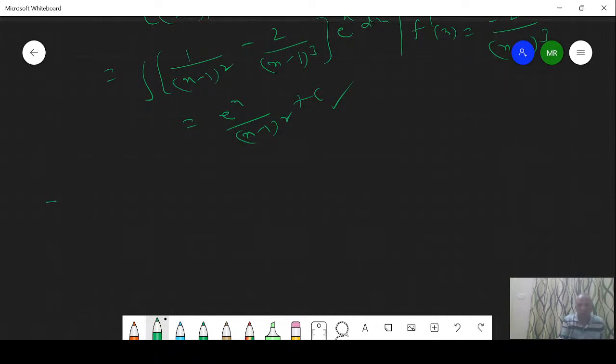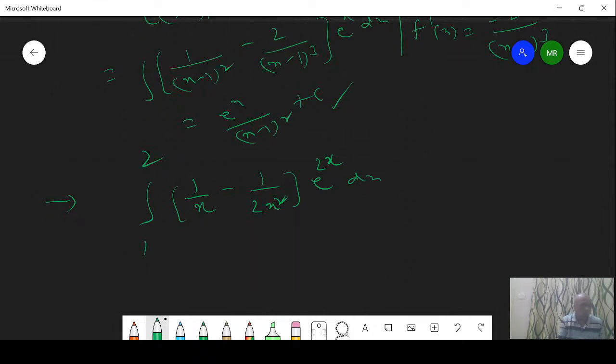Now one more question using the concept of definite integrals. See this problem also, because I am covering the same model here. Suppose the problem is integral 1 to 2, they will give 1 by x minus 1 by 2x square, into e power 2x dx.